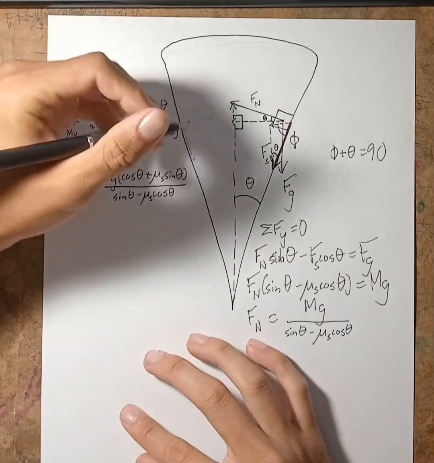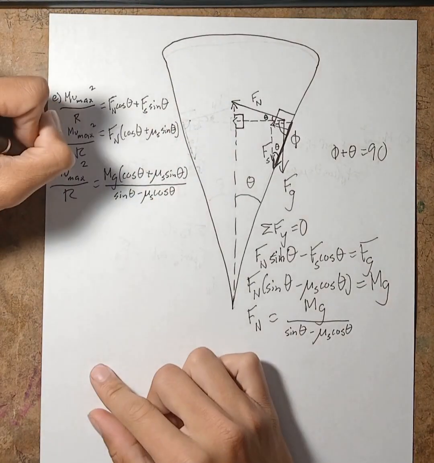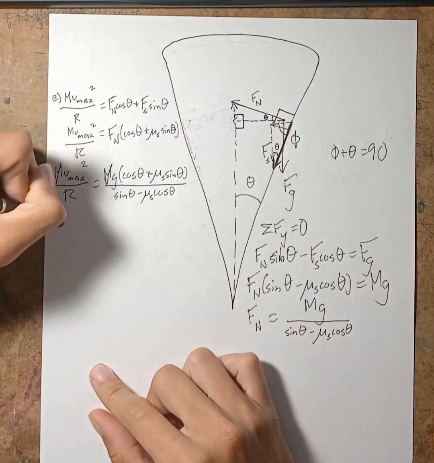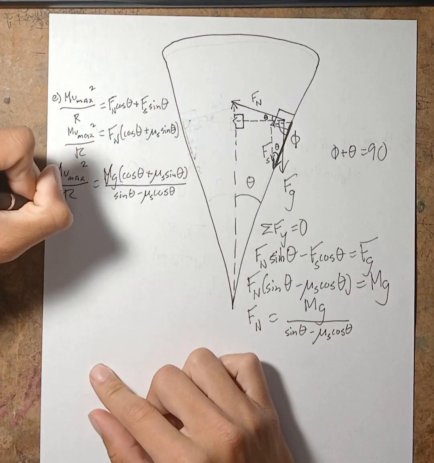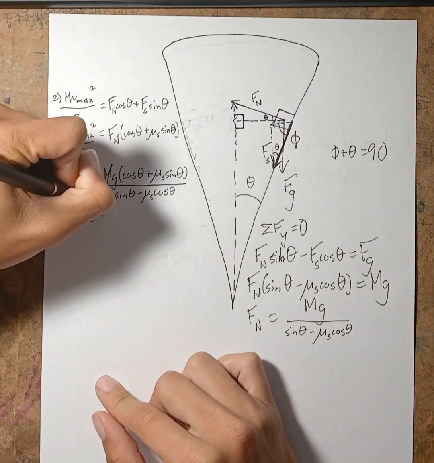Like that. Now we can cancel out the m, and might as well just multiply both sides by r at this point.